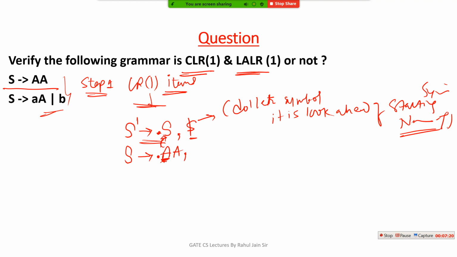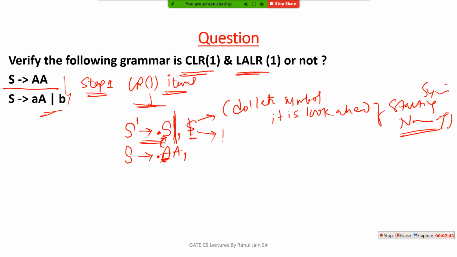The look ahead would depend on what exists after this S, because in the next step this dot will move to the right hand side. So we have to check what exists after this S. After this S we didn't find anything, so only dollar is left.